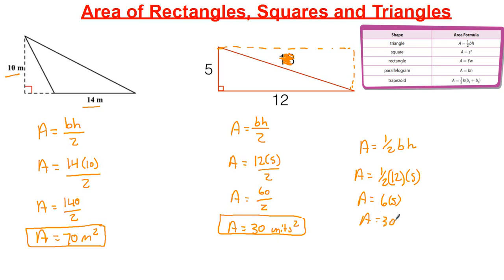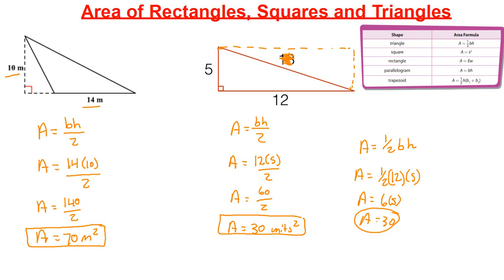Area is equal to 30. So if that's easier for you to half one of the numbers first, instead of dividing by 2 at the very end, definitely go ahead and use that strategy. But I usually like to think algebraically because when we do the algebra version next, you'll see why it's good to have that 2 at the bottom. It just makes things a little bit easier.